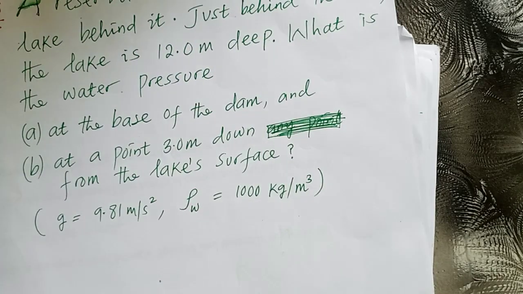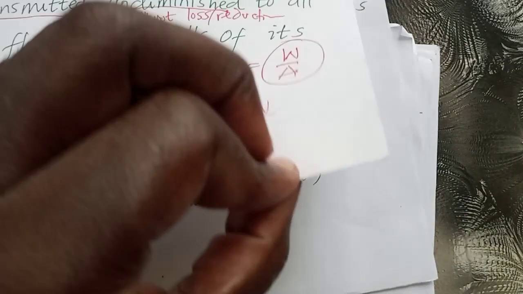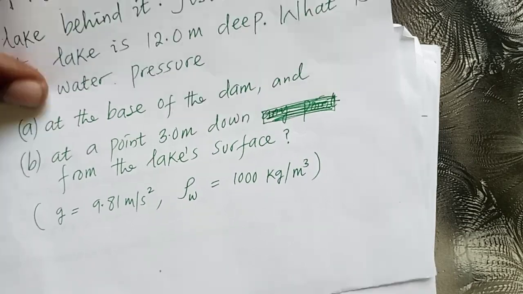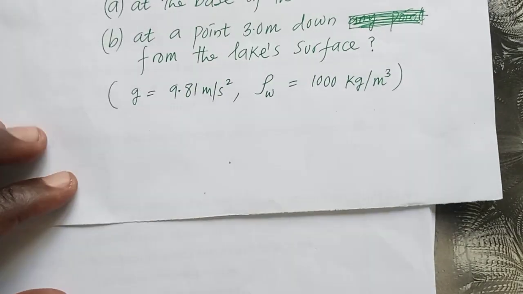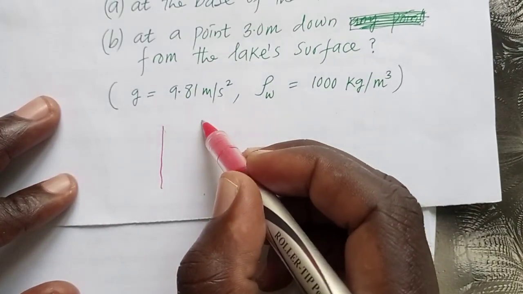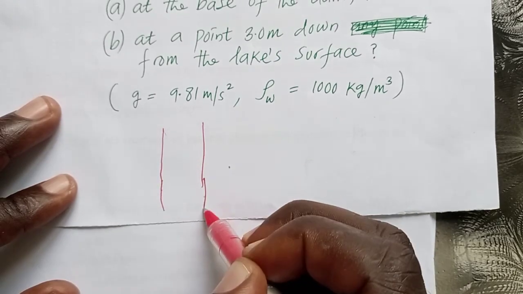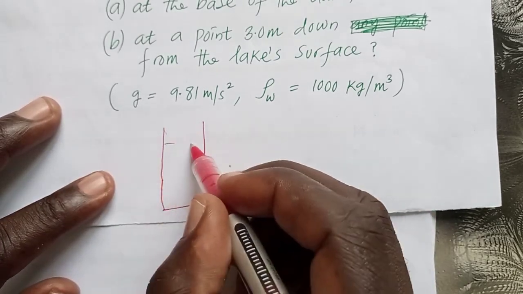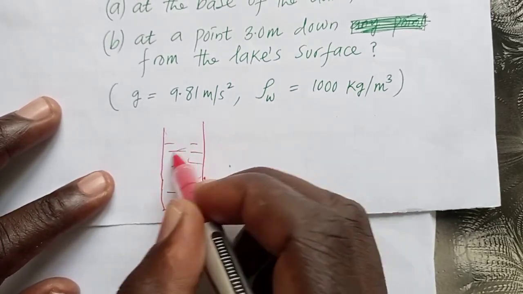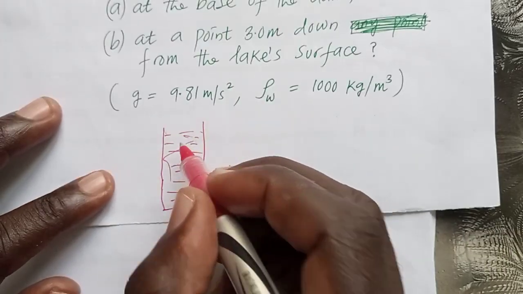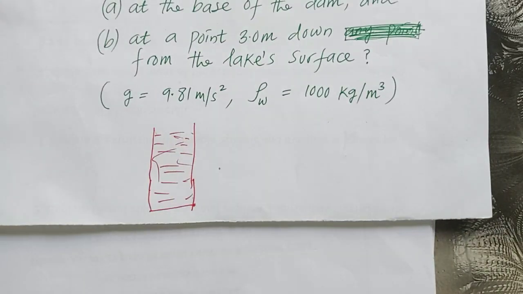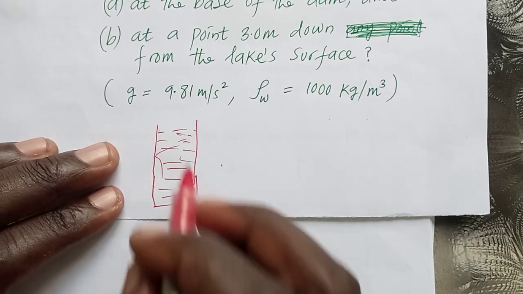Okay, I think I used this before, let me bring the paper here, or in order not to confuse you before I start solving: whenever you have a column of water or liquid, any liquid, I have the liquid in this container. Each point you take has its own pressure depending on the depth of the liquid.